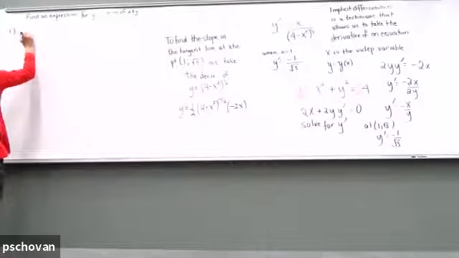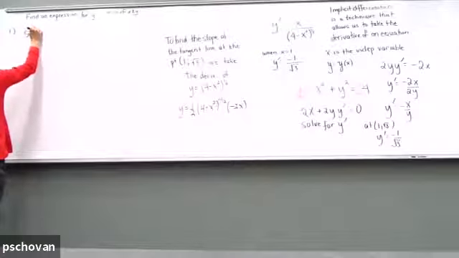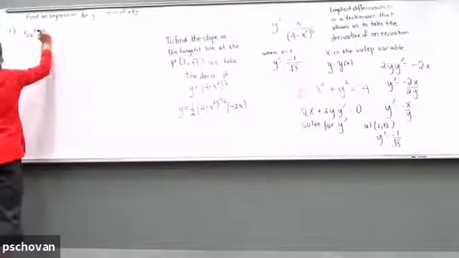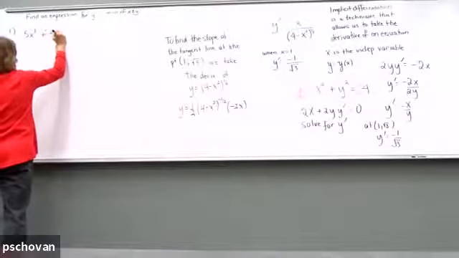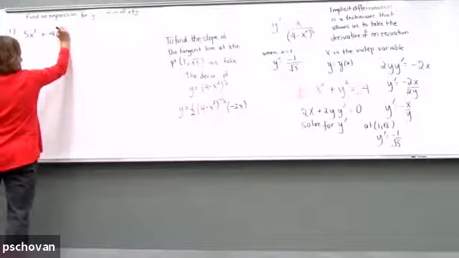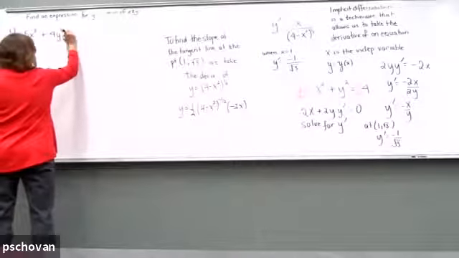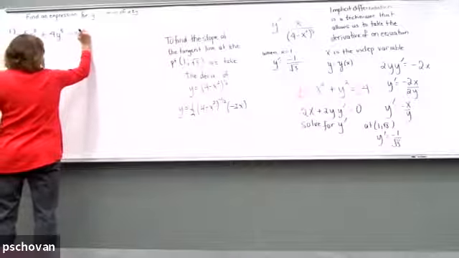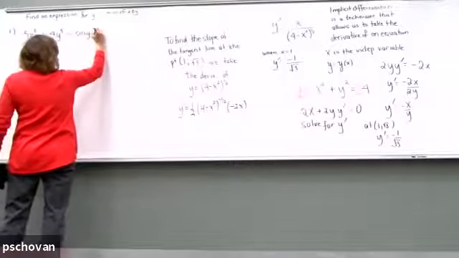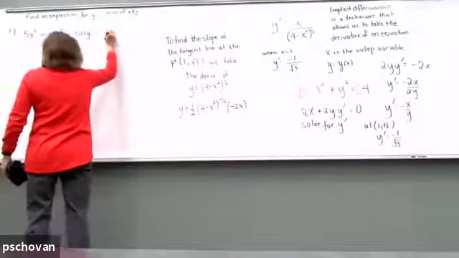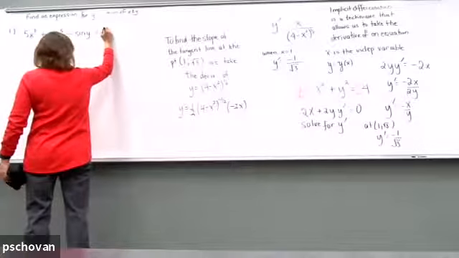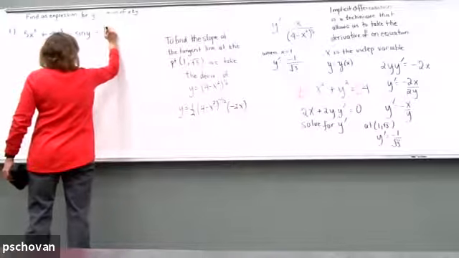So let's just take something like 5x cubed plus 4y to the 5th minus the sine of y is equal to, I don't know, 16.